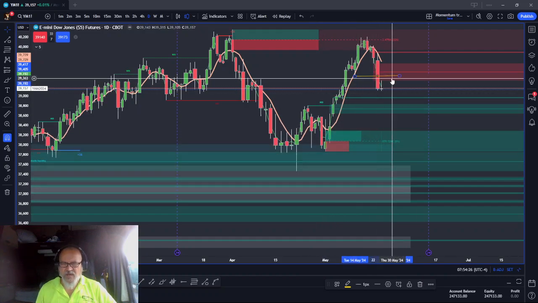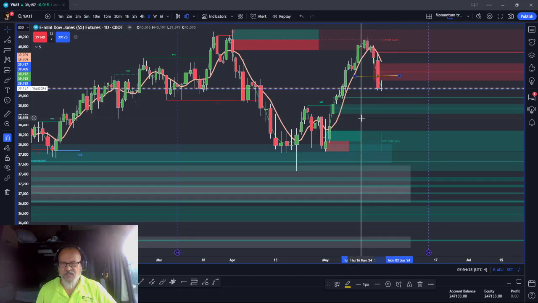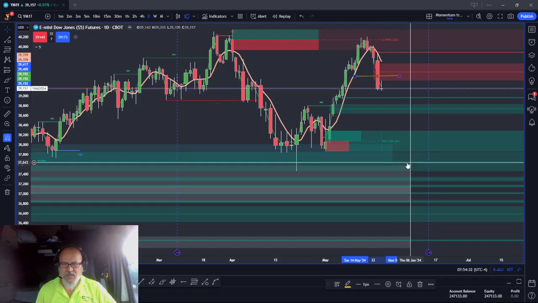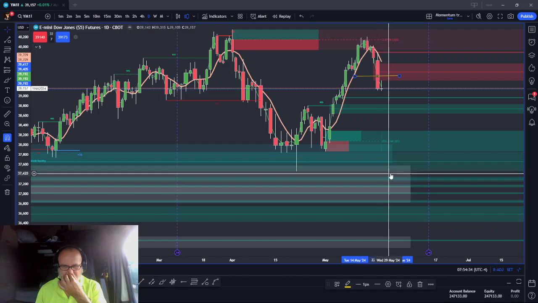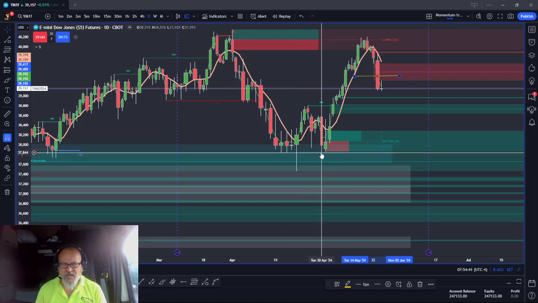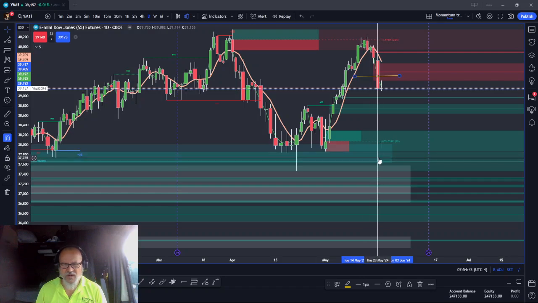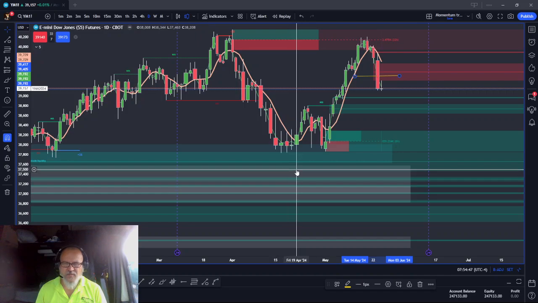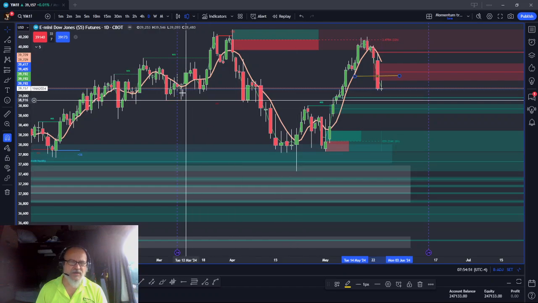My guess is this one gets inverted. We hit the order block, we bounce up, we hit the inversion, and we come back down to these fair value gaps down here to grab some liquidity down here. Maybe we grab the liquidity off this order block and push back up. But yeah, I'm really liking this down here.